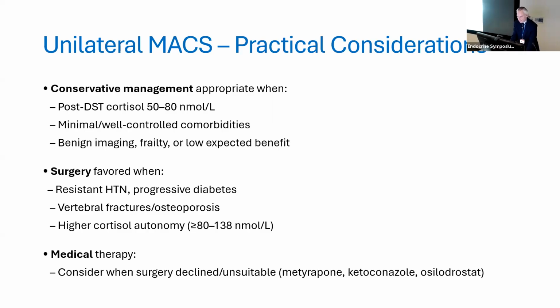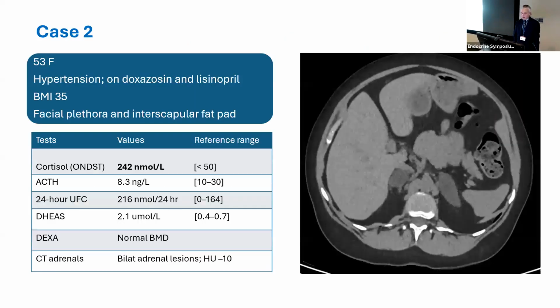Surgery is favored when they have resistant hypertension, progressive diabetes, vertebral fractures, osteoporosis, or higher cortisol autonomy. And for medical therapy, as I said, we don't have much evidence. There are studies ongoing now to restore circadian rhythm with once daily osilodrostat, for instance, so we need to wait for the outcomes of these studies.